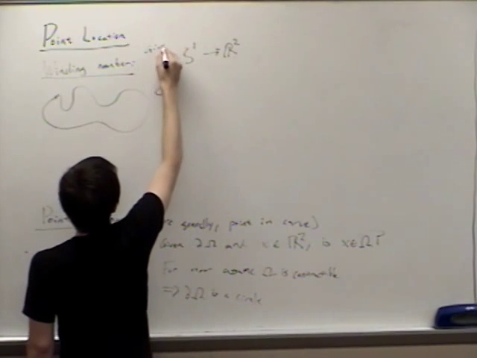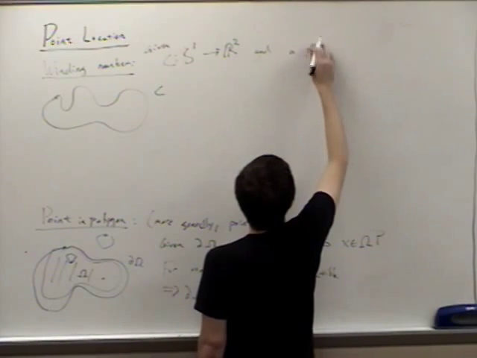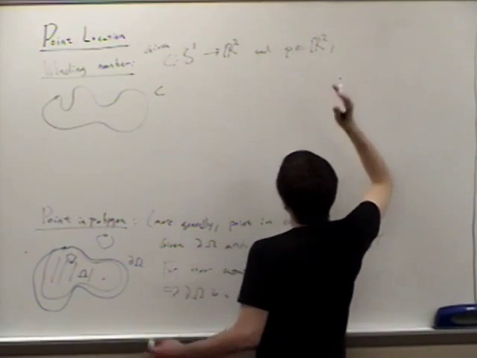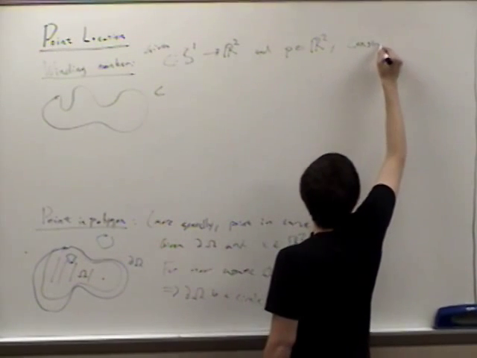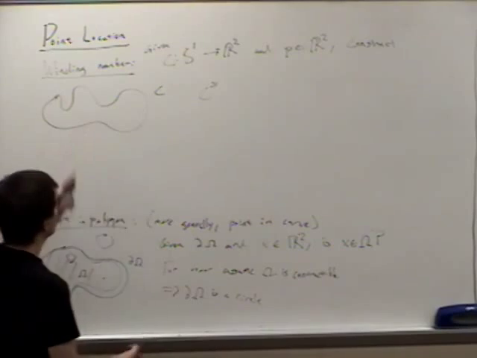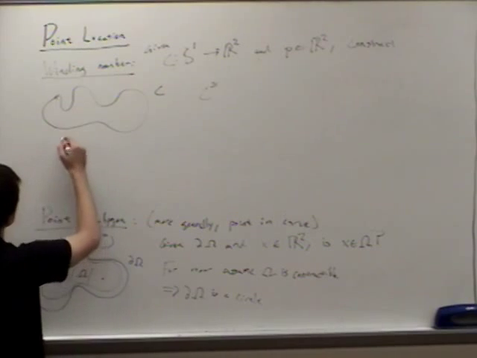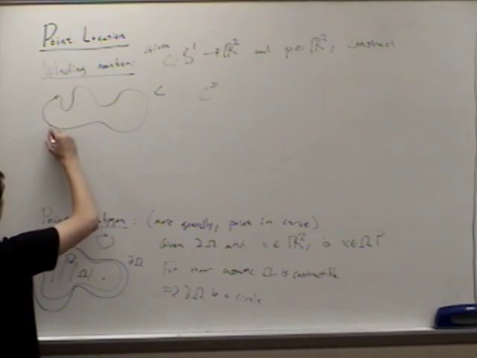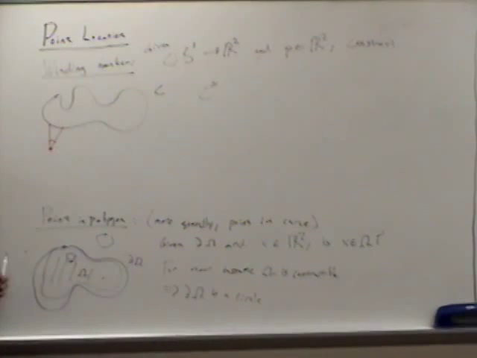Given this, and a point P in R2, we're going to construct a new map C star, which is the projection of C onto an infinitesimal circle located at the point P. So here's the idea: we take a point here, and for each little segment of this map, we project it onto an infinitesimal circle.